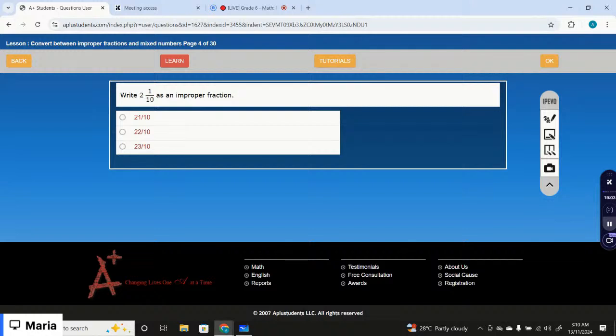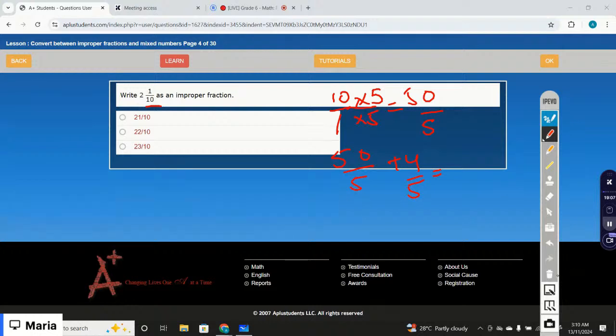The whole part is 2. That is 2 by 1. Multiply it by the 10. That is 20 over 10. So you have 20 over 10.